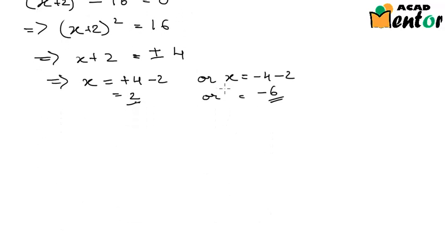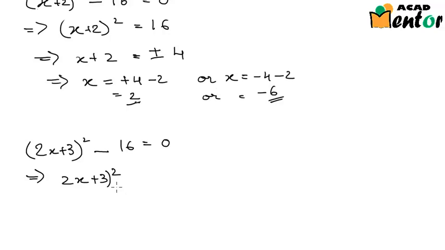Let's look at a third equation. 2x plus 3 whole square minus 16 equal to 0. Now here again we would have 2x plus 3 whole square is equal to 16, or 2x plus 3 is equal to plus minus 4.